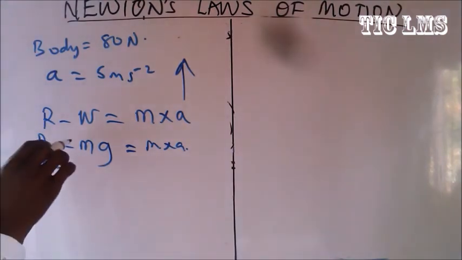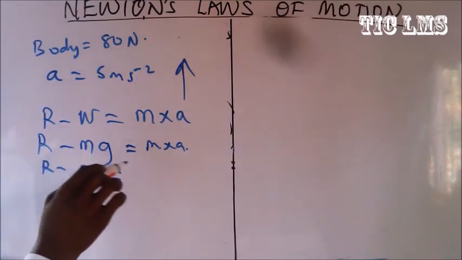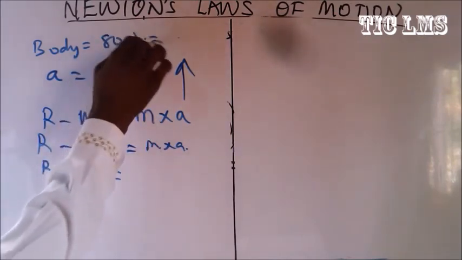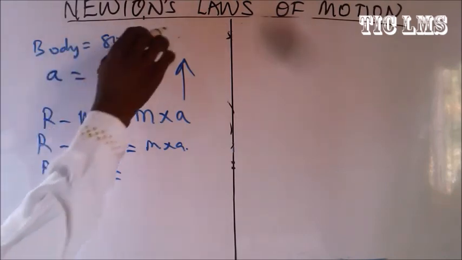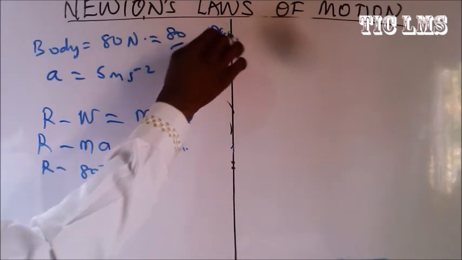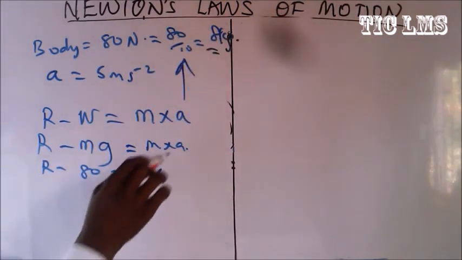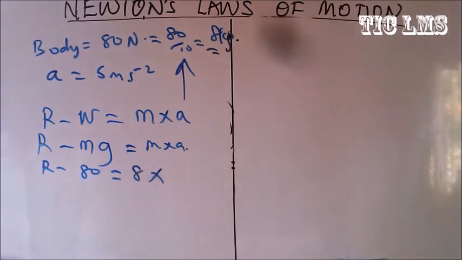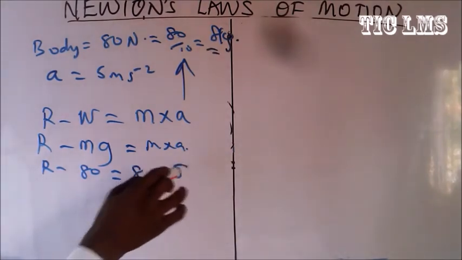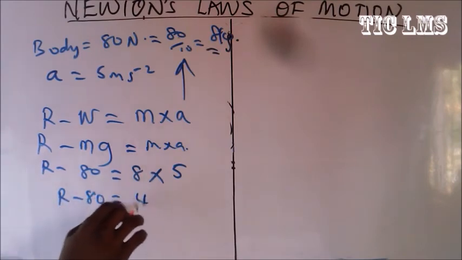Force minus the weight of the body, which is 80 Newton, equal to the mass of the body. We can get the mass of the body from here, which is 80 over 10, and that is 8 kilogram. So the mass of the body is 8 kilogram. So we have 8 multiplied by the acceleration with which the body moves, which is 5. So we have R minus 80 equal to 40.